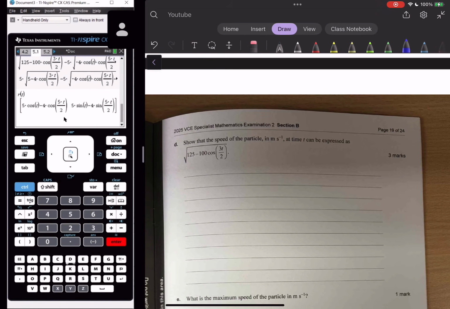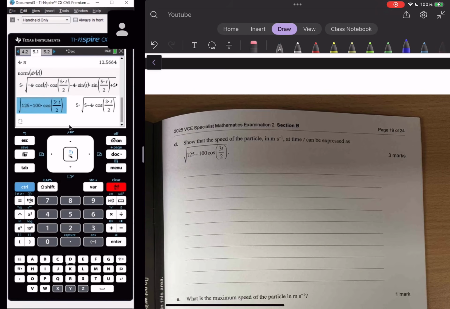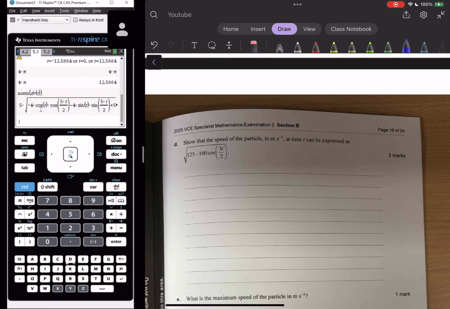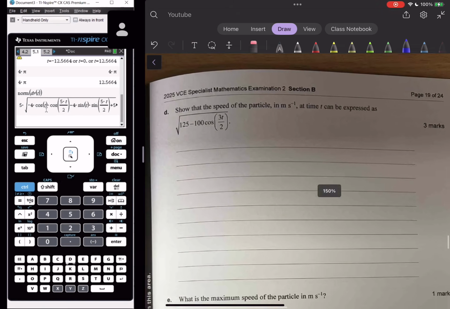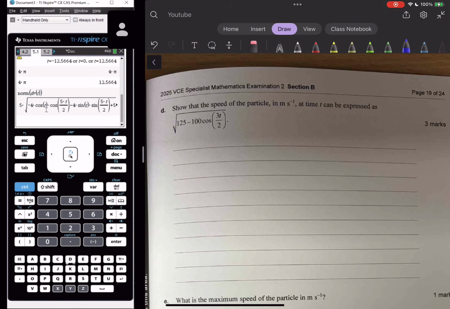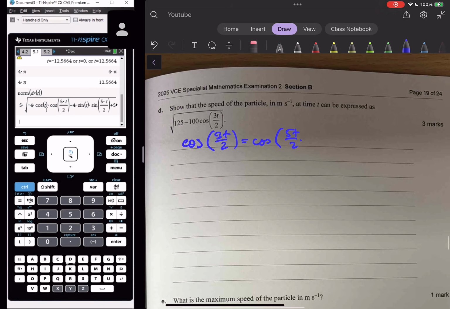So, the first thing that comes to mind if I try to equate these two is the angle sum formula for cosine, because you'll notice in this expression we get cosine cosine, and then we have sine sine. So let's just take a look at the following expression. If we take cosine of 3t on 2, well, this is just cosine of 5t on 2 minus t.